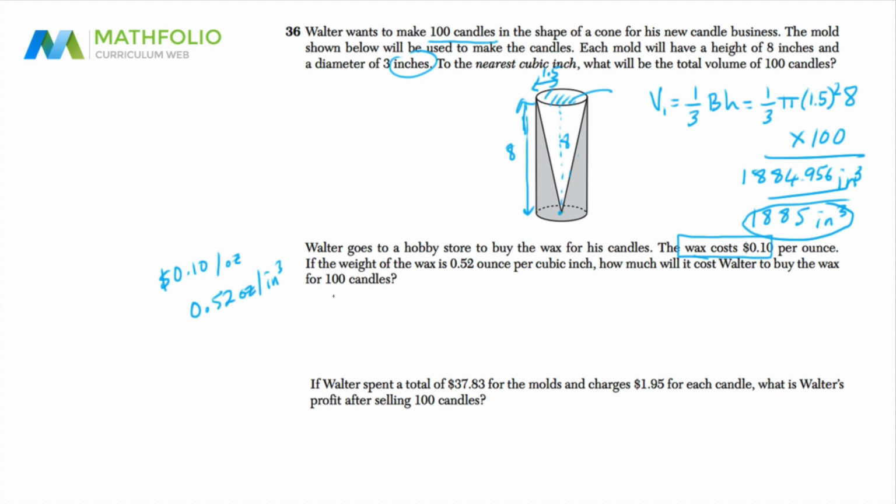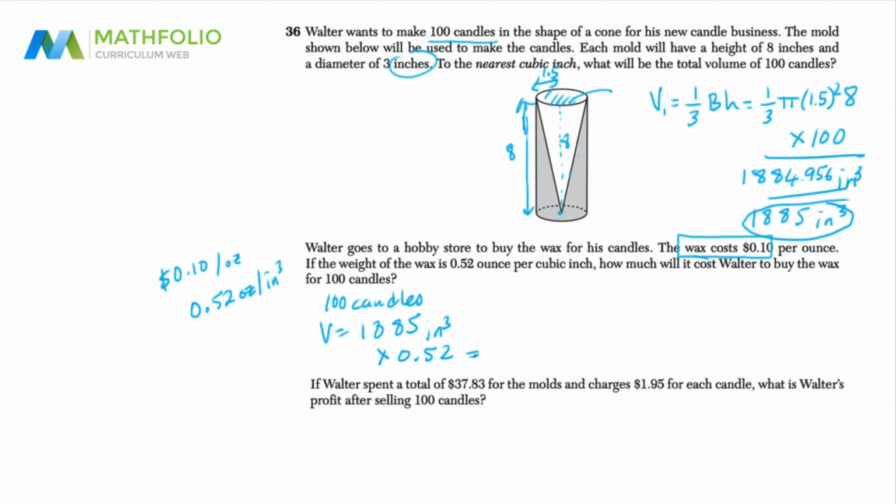candles? Well, 100 candles, we already have the volume. The volume equals 1885. Plus it's a decimal on my calculator, some change, but this is a total volume in inches cubed. So what I need to do to find the weight of this is take that volume and times it by 0.52.